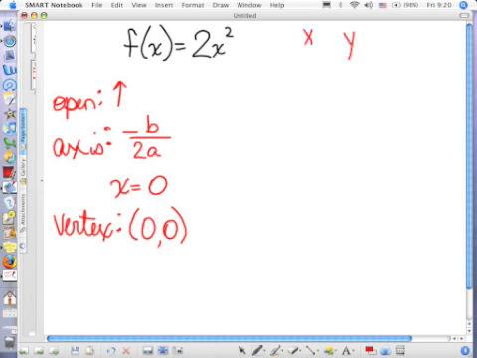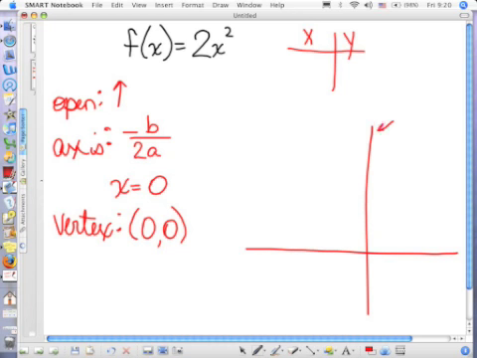To use a table of values, you only need to find 2 points. And we want to find the mirrored image points. So if you know that the center of this parabola is here, and here's your vertex, and it's opening up, I want to find a point on the left and a point on the right. And I want to try to keep my numbers small. So I'm going to choose -1 and +1 for x.